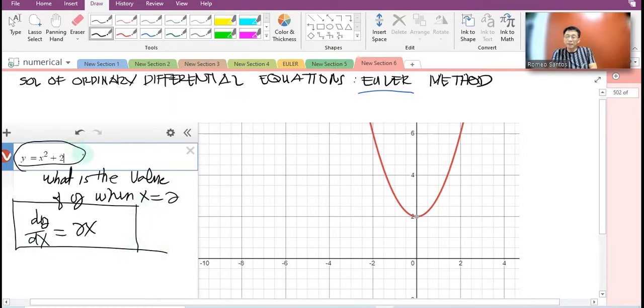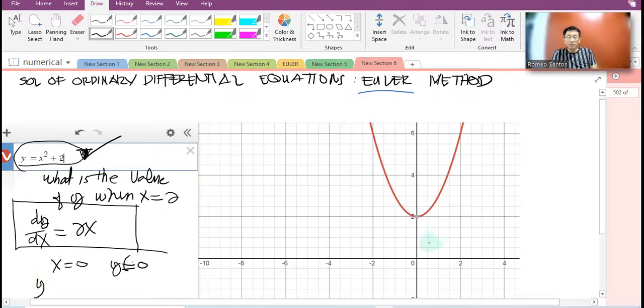Kasi nga, ito hindi binibigay sa inyo na sa sample ko, nandito na yung solution. Pero originally, this is a differential equation and then you solve backward to determine the condition. So yung condition natin, when x is 0, y is equal to 0. So meron naman ganito yung mga initial condition.